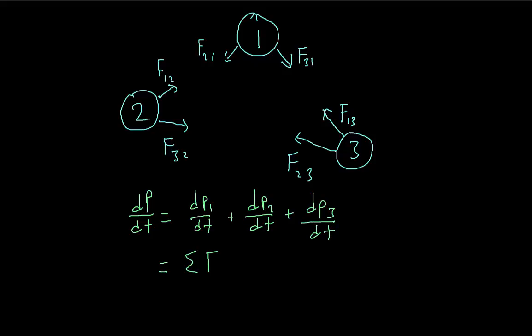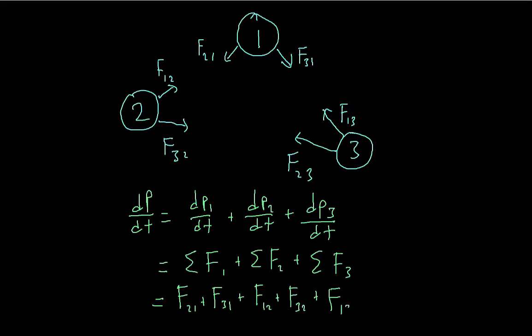And then we can replace the derivative of momentum for each particle by the net force acting on that particle. And so if we write all of the forces out, we'll see that each one has an equal and opposite pair. So the force that 2 exerts on 1 is equal and opposite to the force that 1 exerts on 2. So those two add up to 0. F31 is equal to F13, and then F23 is equal to F32. So again, all the internal forces are canceling out, and so the total rate of change of the momentum is 0.